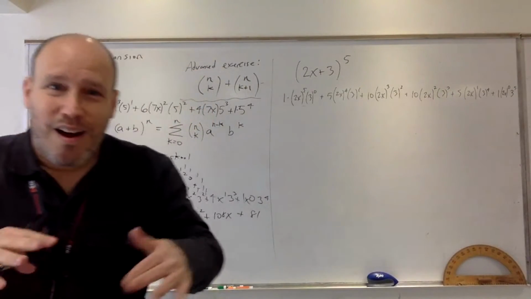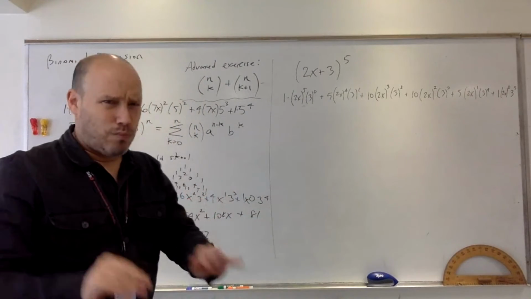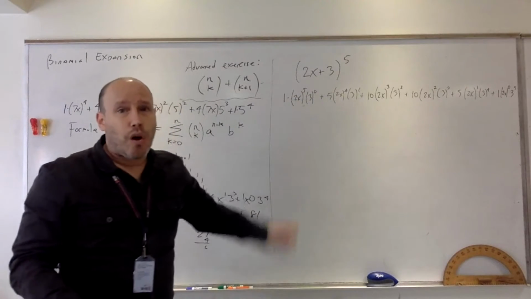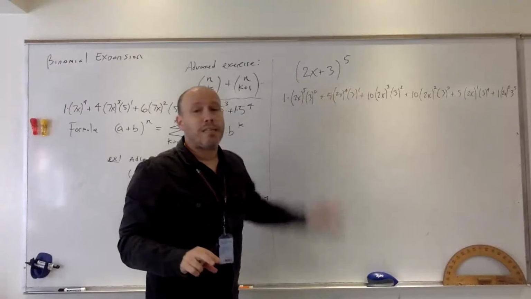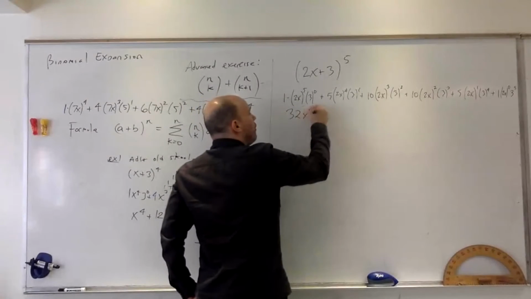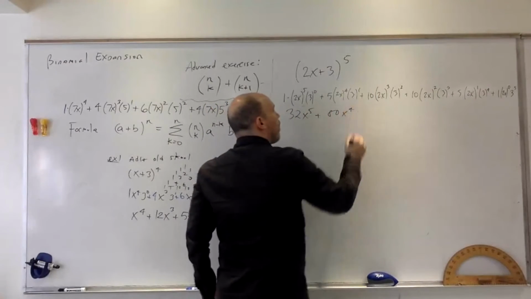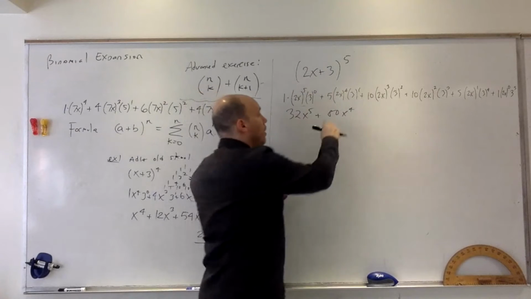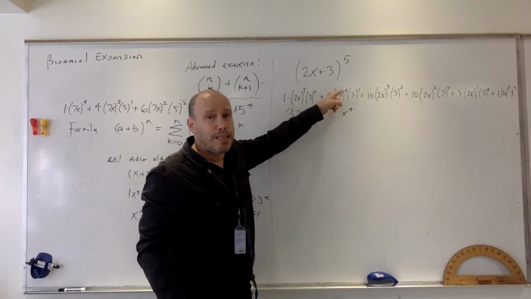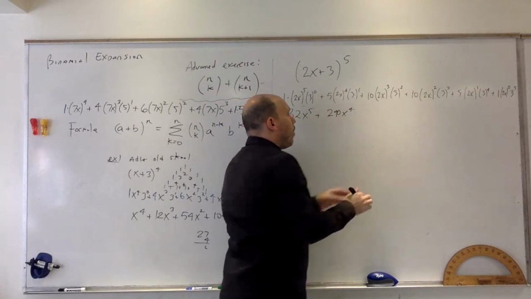Now, they don't ask this anymore, so they get a little more tricky, but as long as you know how to knock these out, old school, you can get the answer. So let's clean this up. What do we have here? 32x to the 5th plus 80x to the 4th, because 2 to the 4th is 16, 16 times 5 is 80, 80 times 3 is 240.